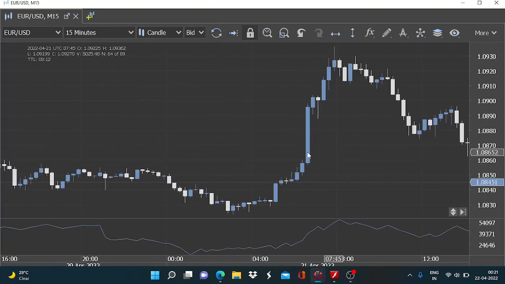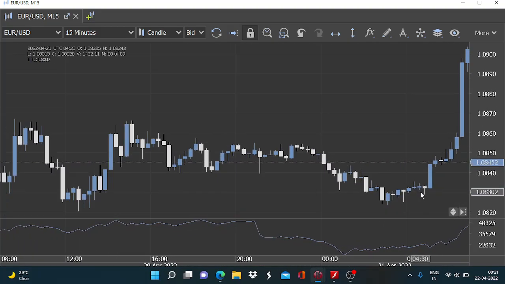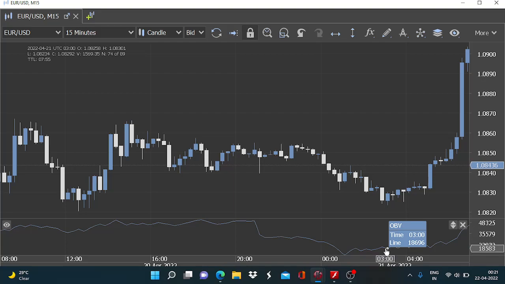So here I will give you some examples where we see this kind of divergence taking place. As you can observe, here we had the OBV rising earlier, and then the price reversal happened eventually. If we take this 3:15 GMT OBV output value and compare it to the 1:15 GMT output value of the OBV, we will see that the 3:15 GMT OBV output is higher.